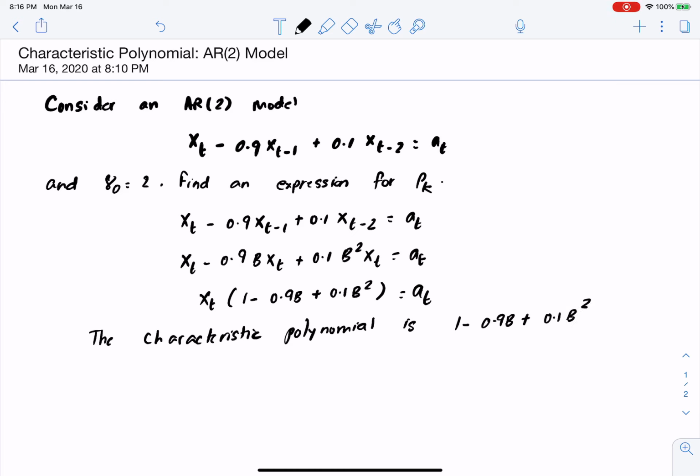And we can set that equal to 0 because we're solving for the roots. So that would be phi of B.